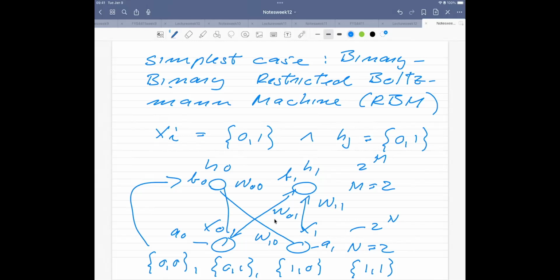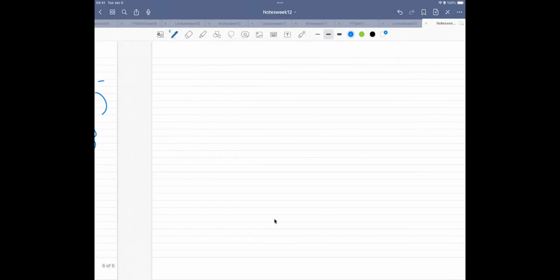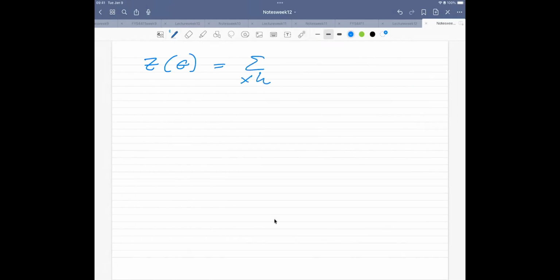With that type of model, if I look at the summation for the partition function Z of theta, this is something which we wrote in a generic way as the sum over all the possible configurations x and h of f of x, h, theta. This is something which we would have to rewrite in terms of the sum over x0 in 0, 1 and x1 in 0, 1.